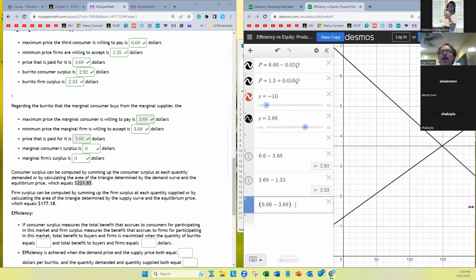I'm going to multiply that by the width of the triangle. And the width of the triangle is the quantity here, in my case, 148.89. And then it's a triangle, so I got to divide by 2. You don't have to do this. I already did it for you.